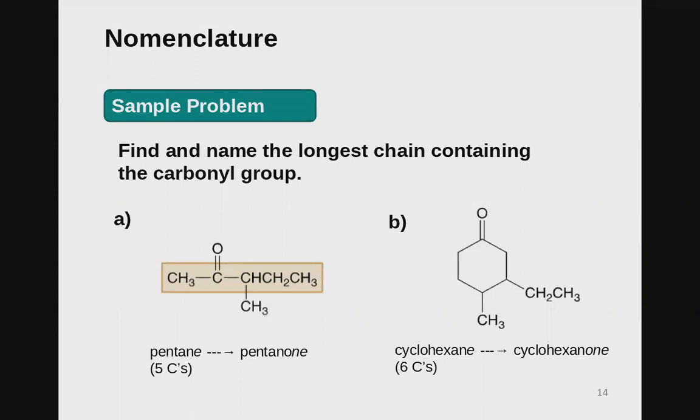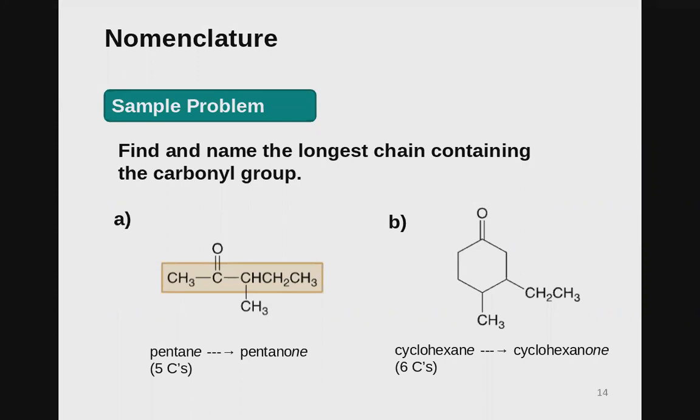So how do we finish this name off? We have cyclohexanone, but we have two things. What do we need to add? Ethyl at 3. So we have 3-ethyl. And 4-methyl. So 3-ethyl-4-methylcyclohexanone.